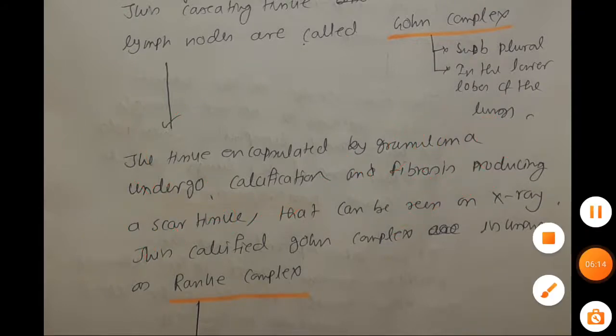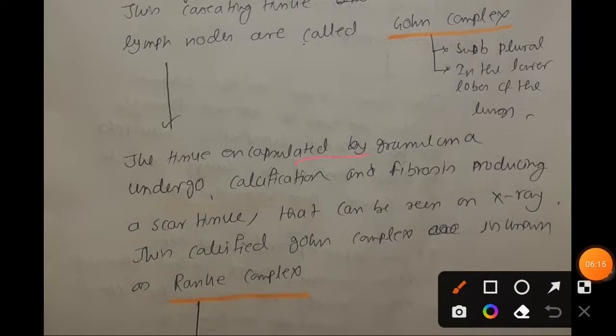Now after that, the tissue encapsulated by the granuloma, because it is obvious that the granuloma is still present, inside which the Ghon focus forms due to caseous necrosis, right? And the Ghon focus in the hilar lymph node is converted into the Ghon complex. That means the granuloma is still there, right? Now the tissue inside the granuloma undergoes calcification and fibrosis, producing scar tissue.